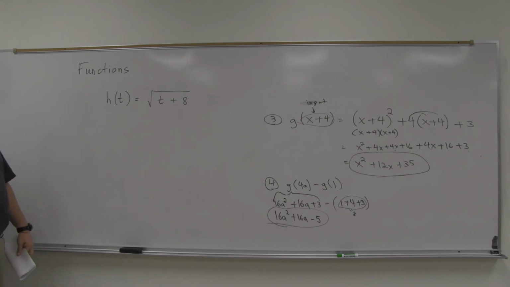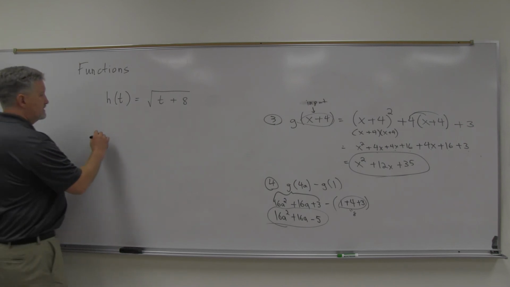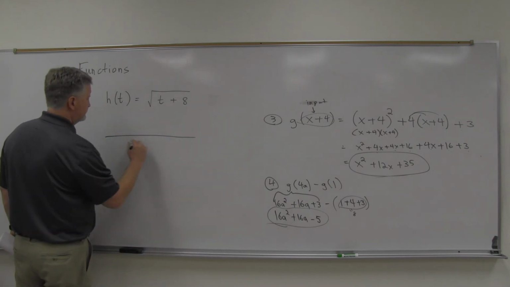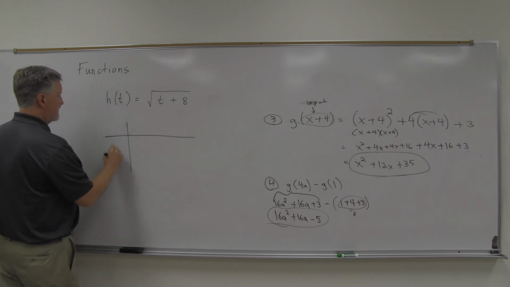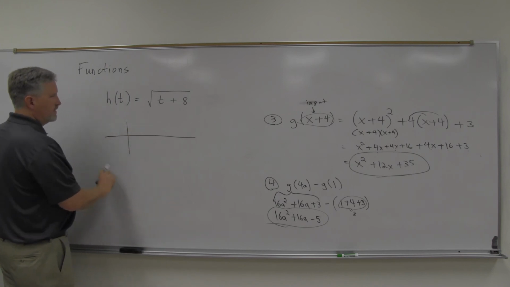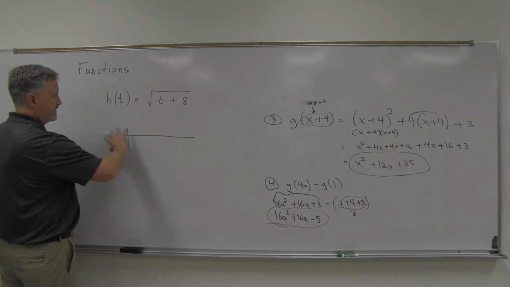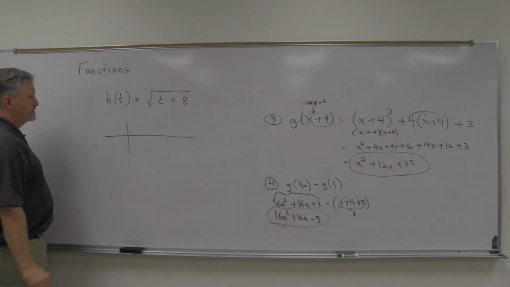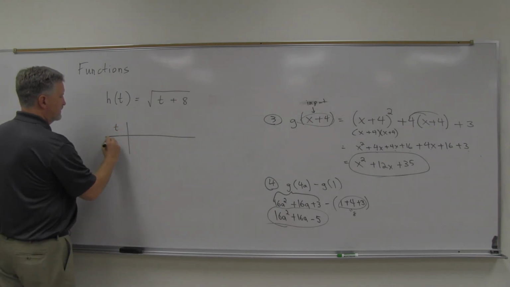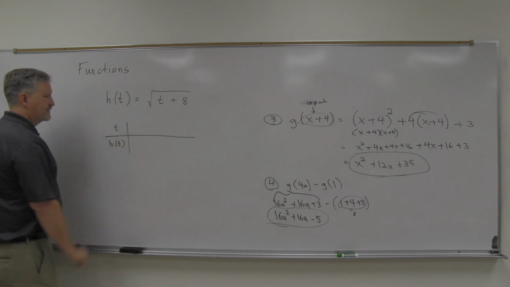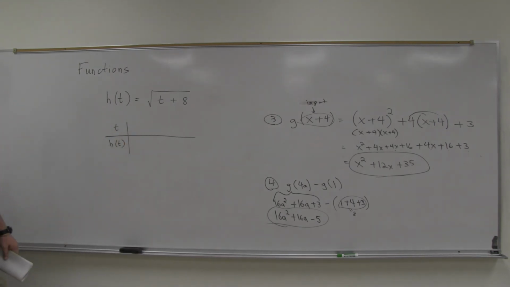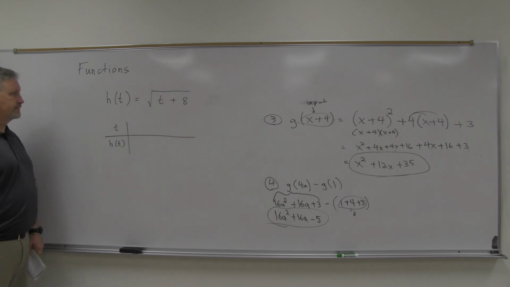Then the other thing they'll also have you do is make a table of values. And I think in the book here, they line it up horizontally, so I'll do that too. So we're just going to do a table of values with t and then h of t values. But it's just like we've done before.